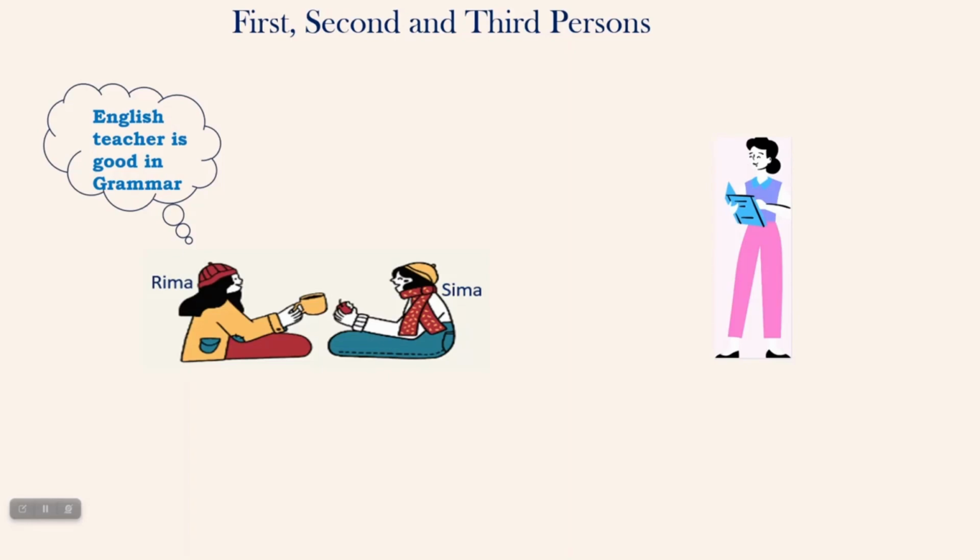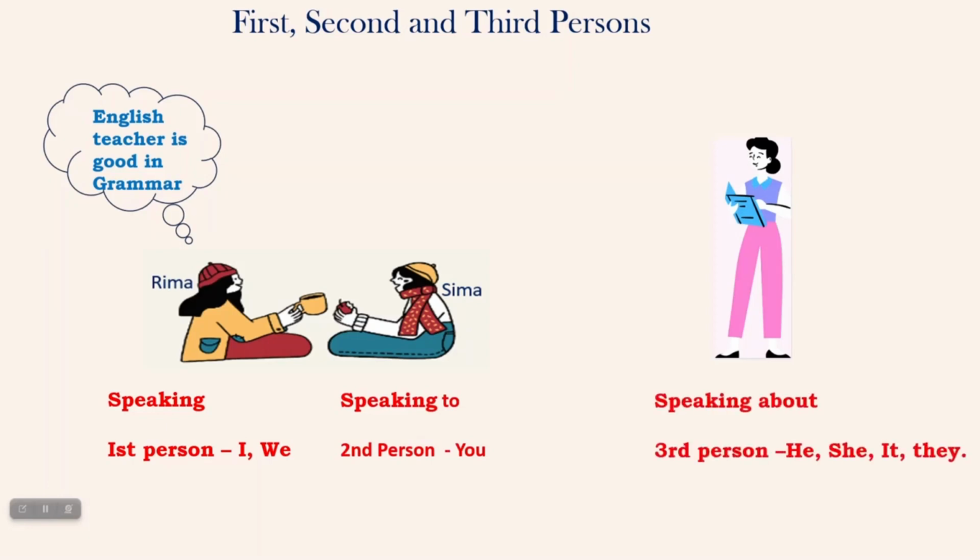Here, who is speaking? Rima is speaking. So, Rima is the first person. Rima is speaking to whom? Seema. So, that listening person is the second person. They are talking about whom? About the English teacher. So, the English teacher is the third person.